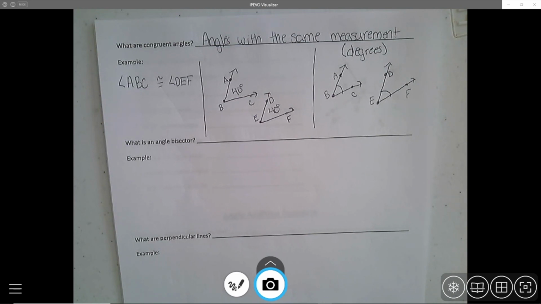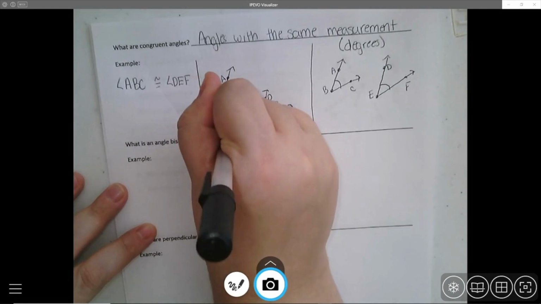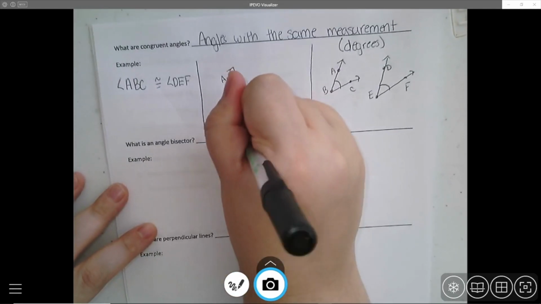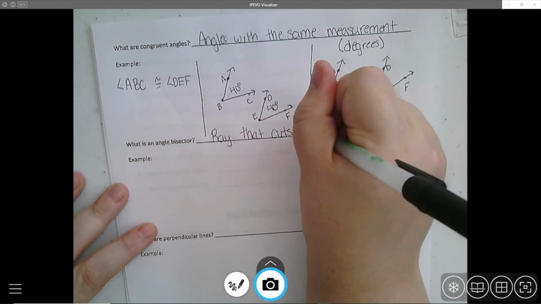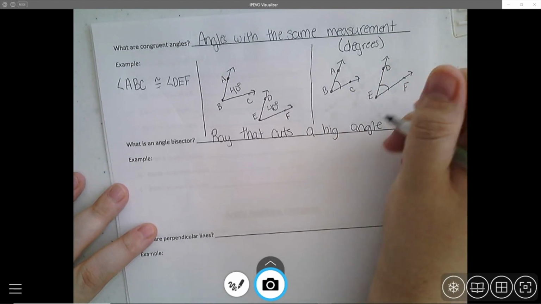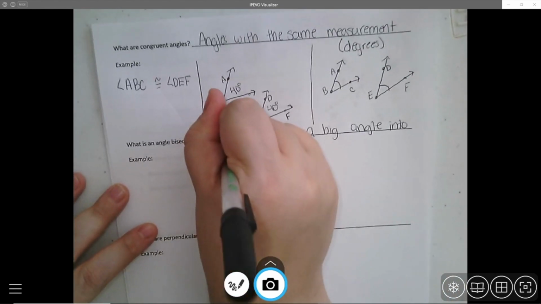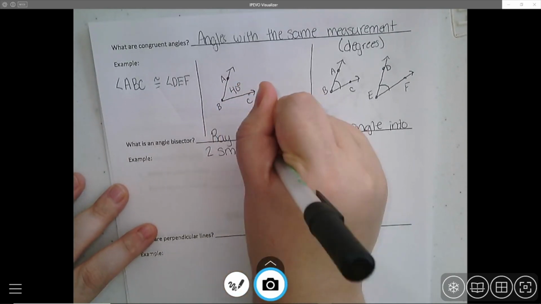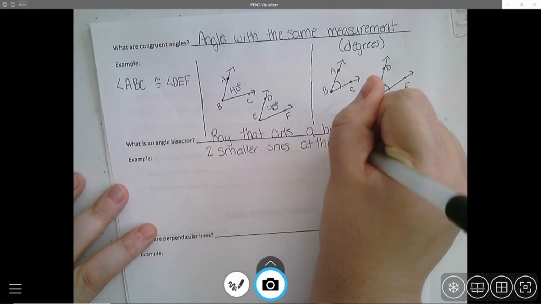Okay, getting here to the next one, what is an angle bisector? An angle bisector is a ray that cuts a big angle into 2 smaller ones at the vertex.